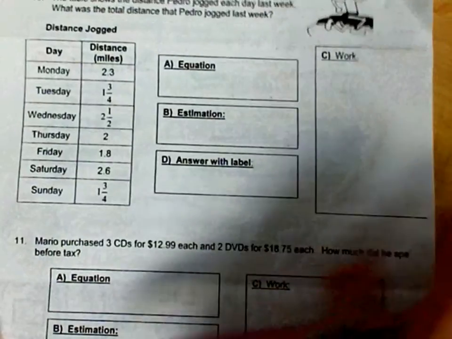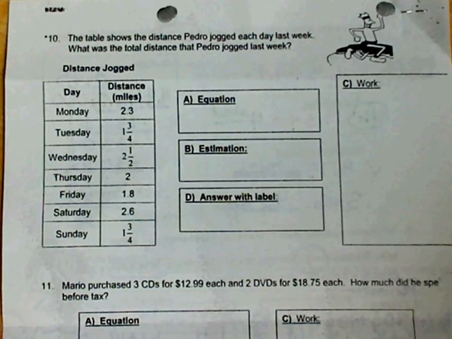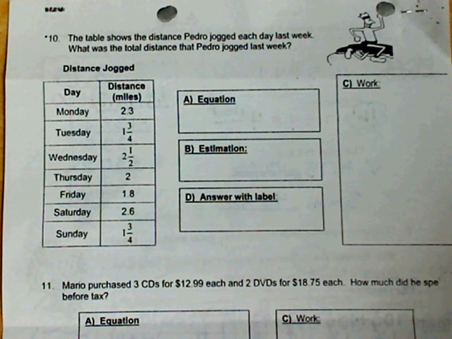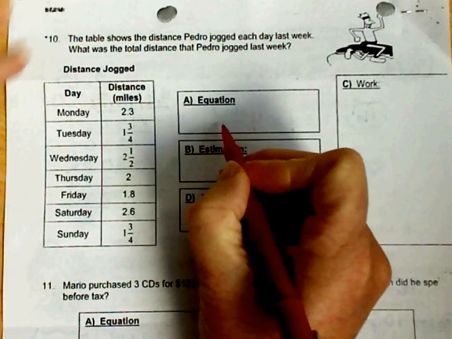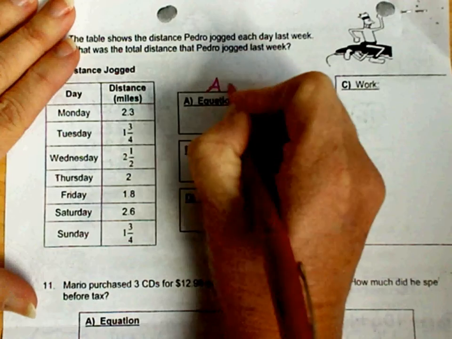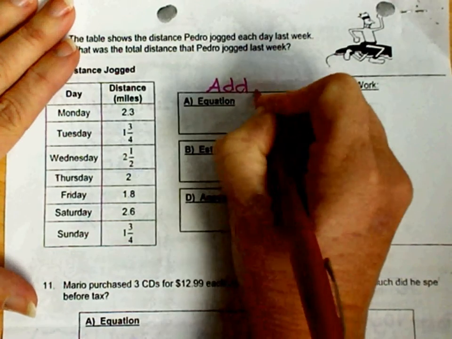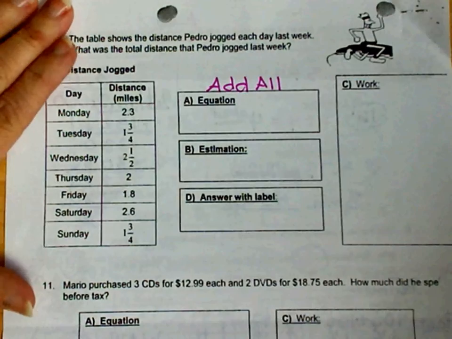In problem number 10, we are actually looking at jogging for a week. And every day that I jog a different distance. So in looking at the table, I can see that each one is a different amount. Some of them are fractions and some of them are decimals. So in my equation, really what I want to think about doing is adding all of my amounts together.